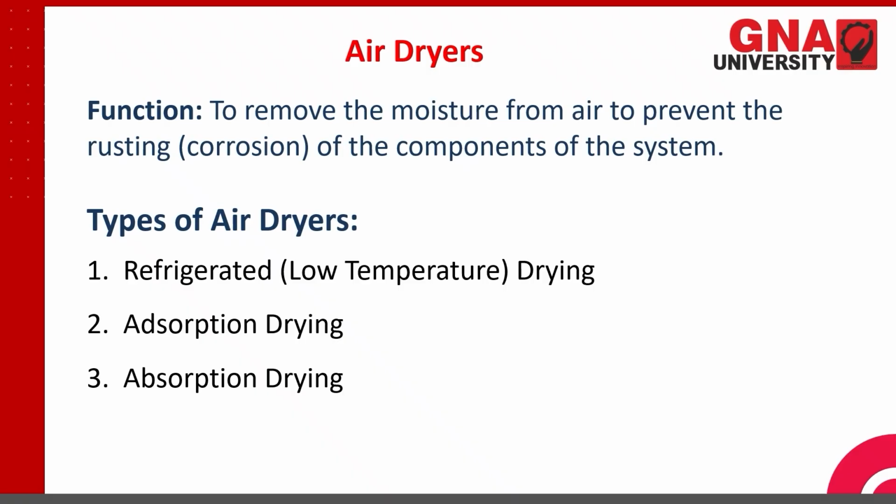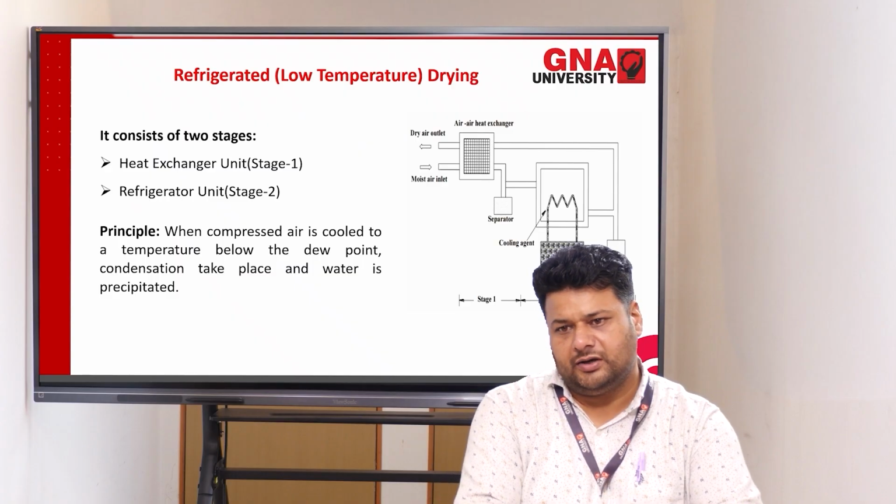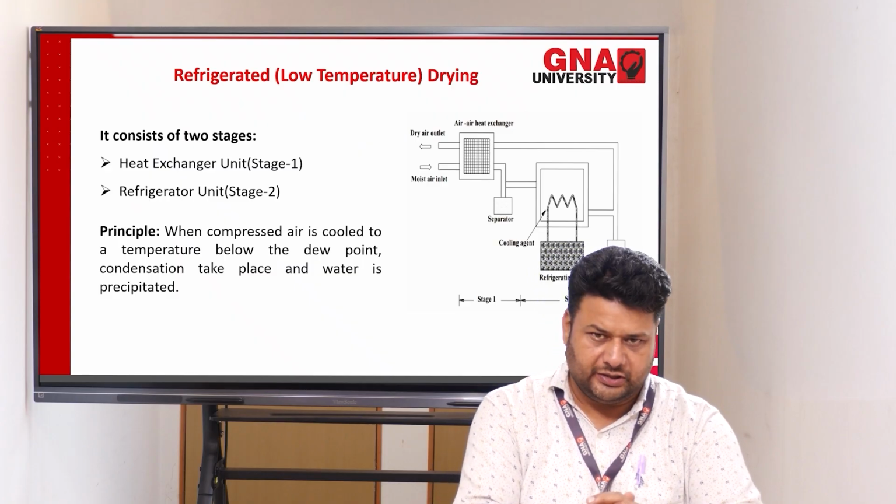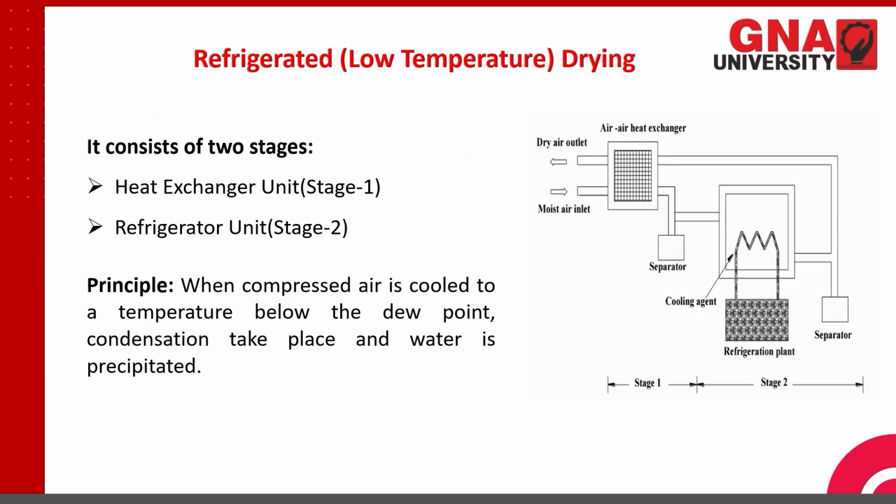The air dryers are of three types that we are using. First is the refrigerated or low temperature drying, second is the adsorption type drying, and next is the absorption type drying. Now we'll discuss these three air dryers one by one. First is the refrigerated, or low temperature drying.